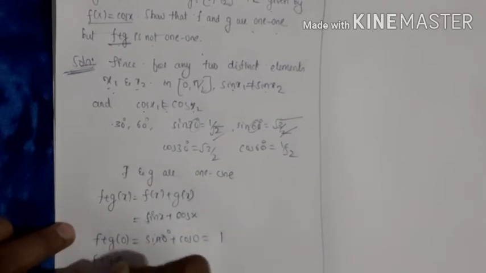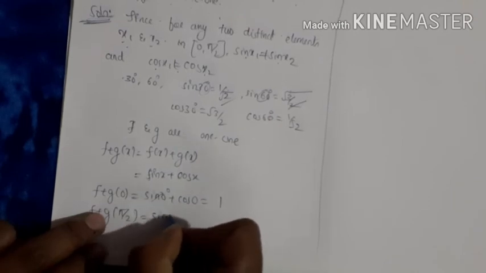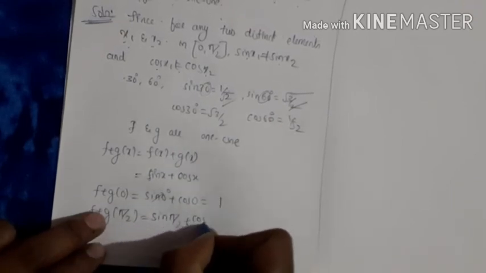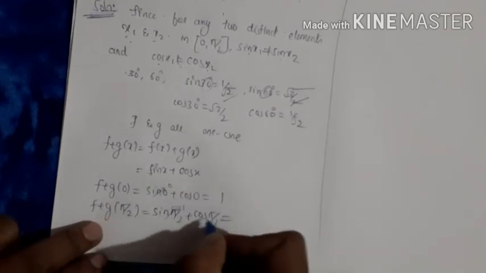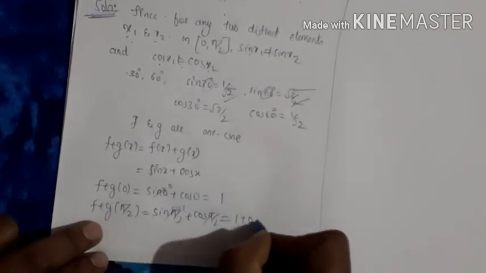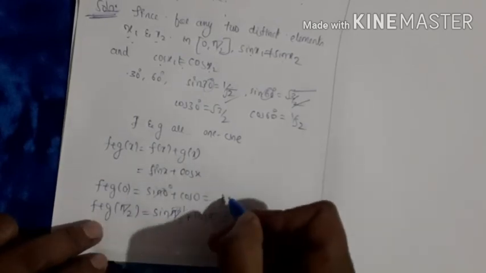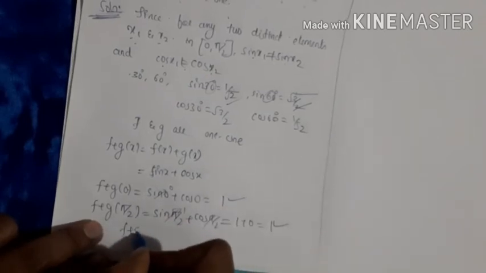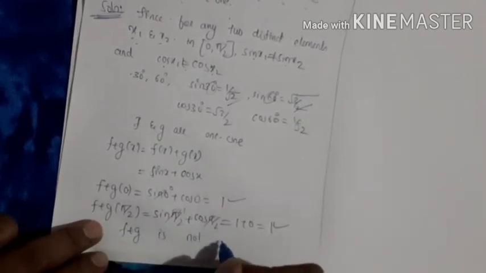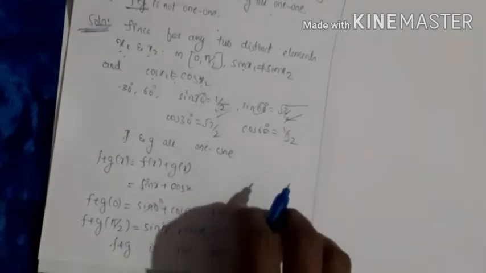And (f plus g)(pi/2) is sin(pi/2) plus cos(pi/2). So this value is 1 and this value is 0, therefore 1 plus 0, it is 1. So 0 and pi/2 are different, but the results are equal, therefore f plus g is not one-one. So this is the solution of this example.